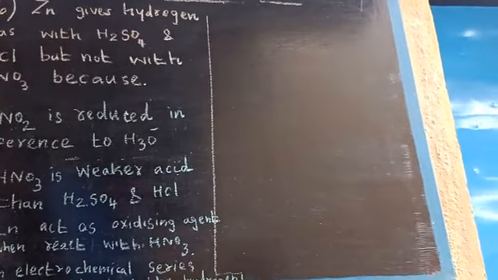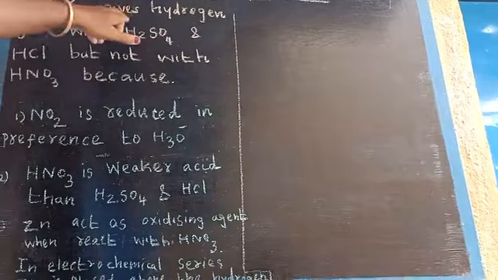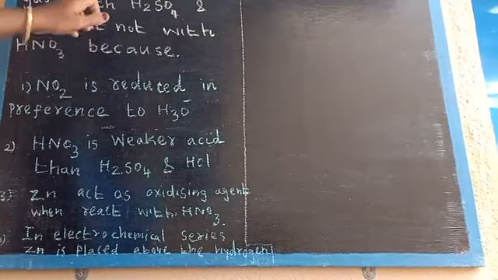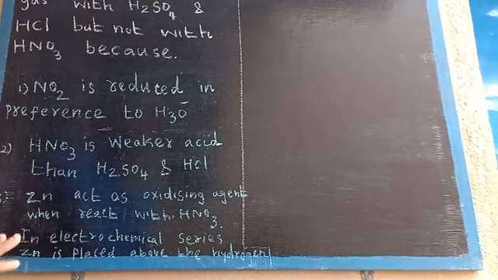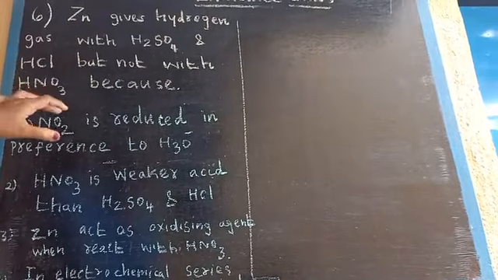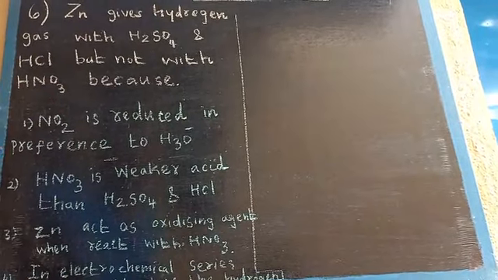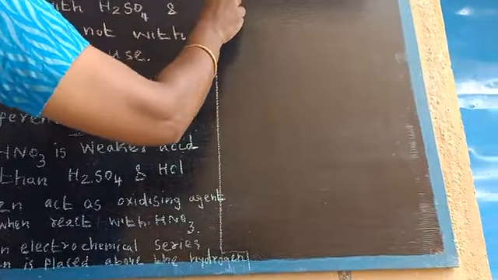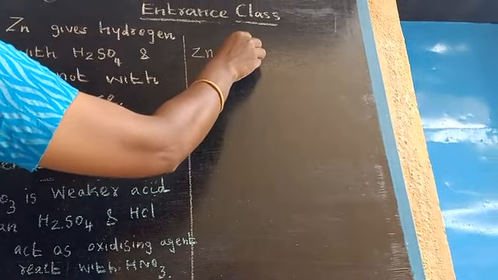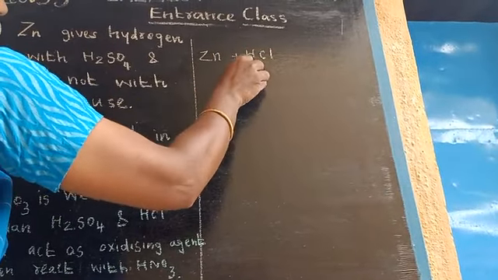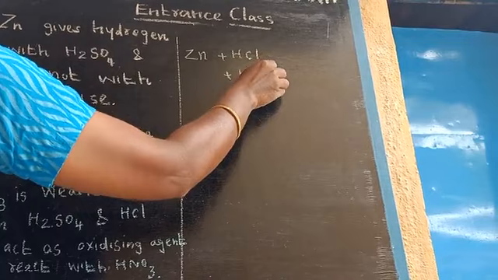Next question: zinc gives hydrogen gas with H2SO4 and HCl, but not with HNO3. Now you can understand the question. Zinc reacts with hydrochloric acid as well as H2SO4.